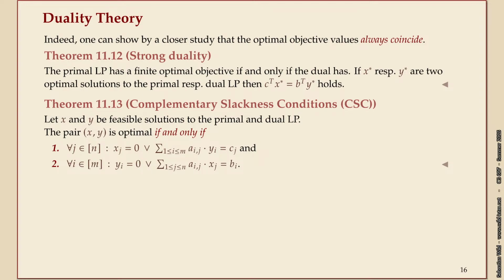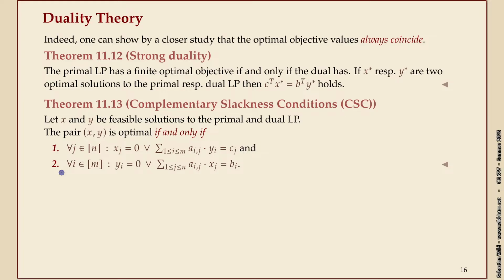And there's another cool thing that's useful for designing algorithms sometimes. This is a characterization of when a pair of solutions is optimal. Namely, some feasible solution, X feasible for the primal, Y feasible for the dual, are jointly optimal if and only if these two conditions are true.